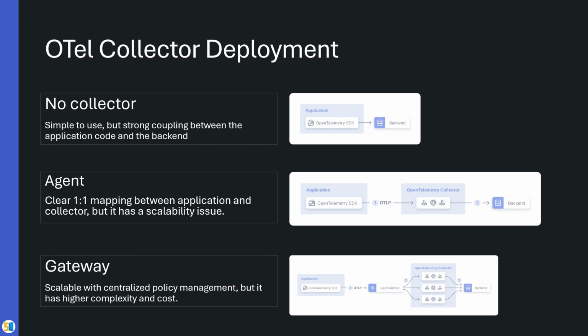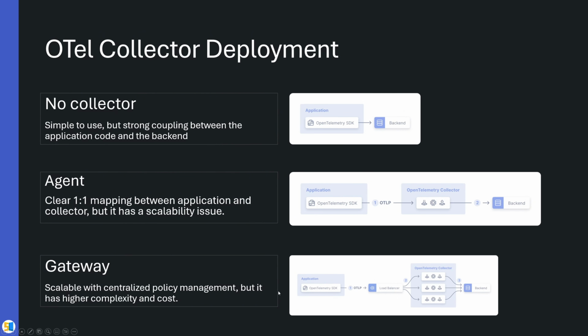And the third option is via gateway. You have multiple collectors, and before them, you have a load balancer, let's say Nginx, that will load balance the traffic.